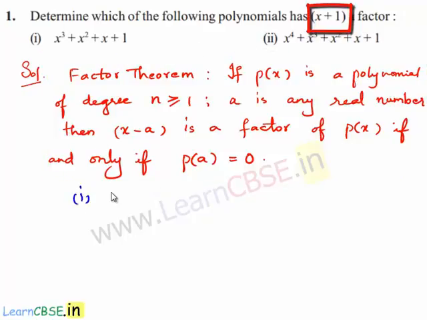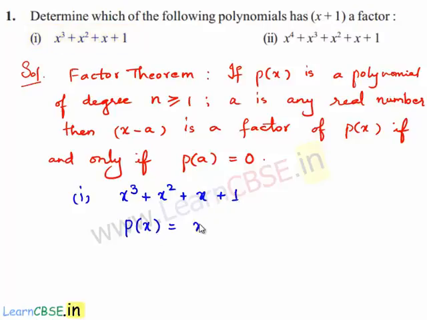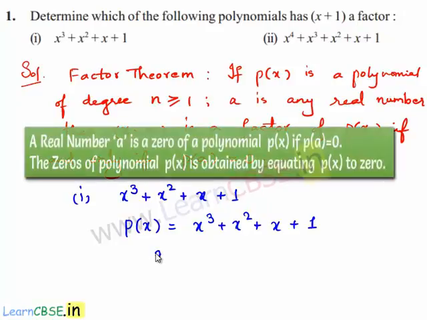So the first polynomial is given as x cube plus x square plus x plus 1. We can write it as p of x is equal to x cube plus x square plus x plus 1. And the given linear polynomial is x plus 1. So first equate the given linear polynomial x plus 1 is equal to 0.